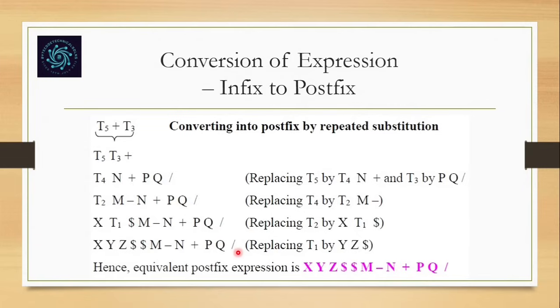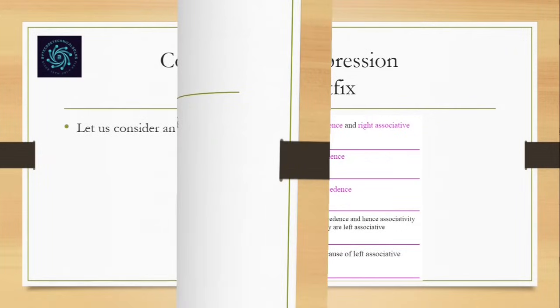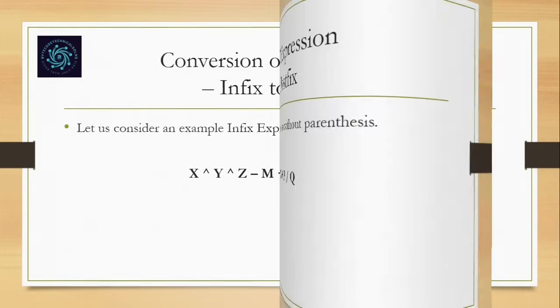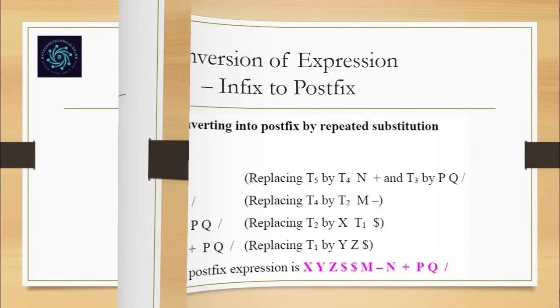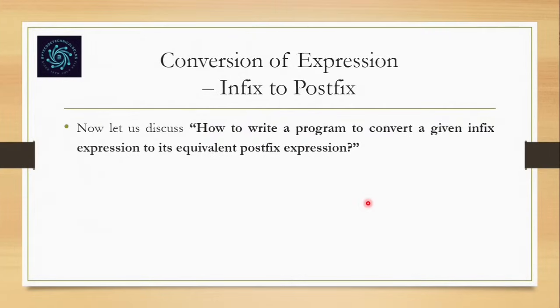Finally, after substituting all the values, we get the required expression. This is the resulting postfix expression of the infix expression mentioned here. Now we understood, using the mathematical way, how we can substitute the values and convert from infix to postfix.